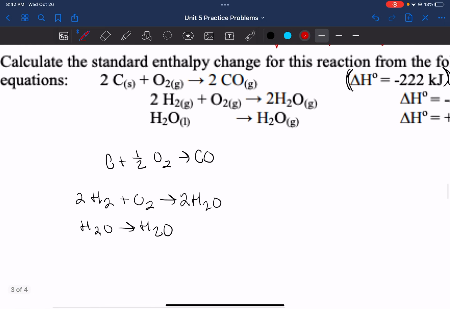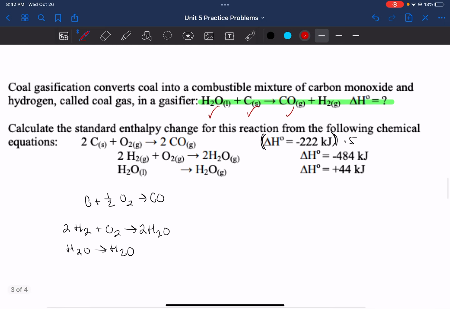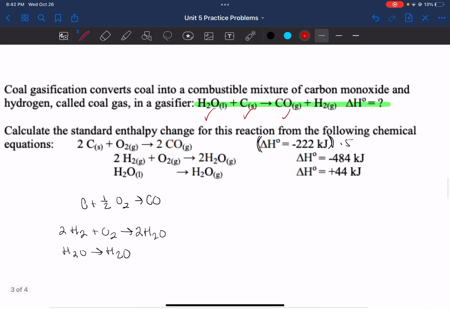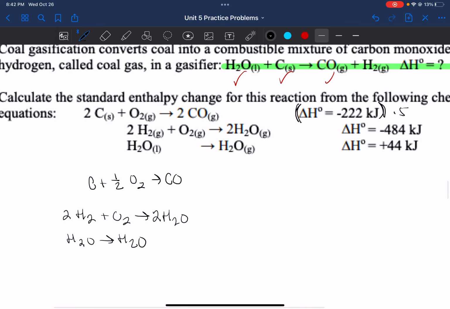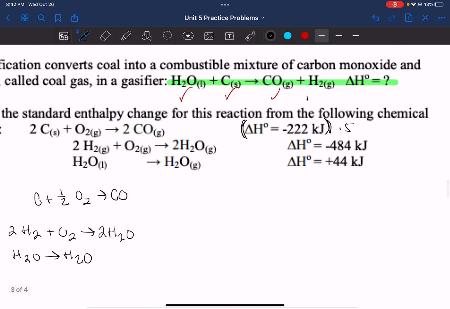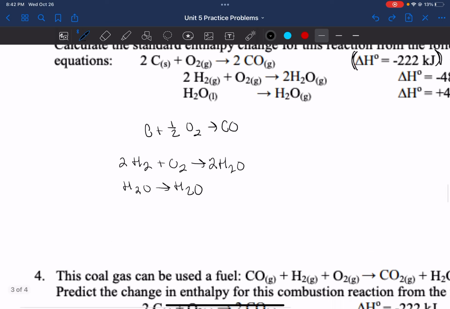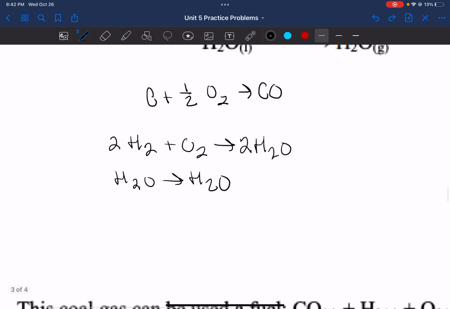So over here again, this has 1, and there's no other H that can really do anything with it.